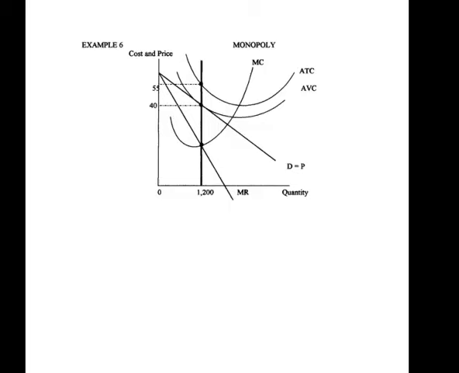So by producing 1,200 units, you are losing money, but all of that money that you're losing is the fixed cost, which you have to pay anyway. If you produced 0, you would lose exactly the same amount of money. But the difference is, by producing some amount of output, hopefully this monopoly can refine its production techniques to become more efficient.